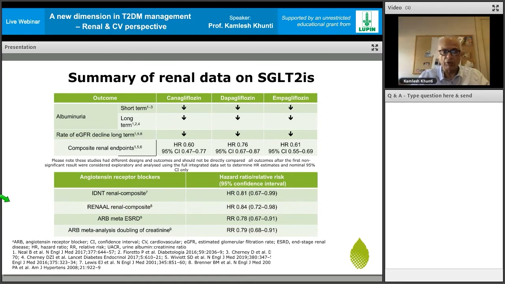There was also about a 29% reduction in hospitalization for heart failure, and exciting results of a 31% reduction in all-cause mortality as well. So quite exciting times ahead with SGLT2 inhibitors, I think.